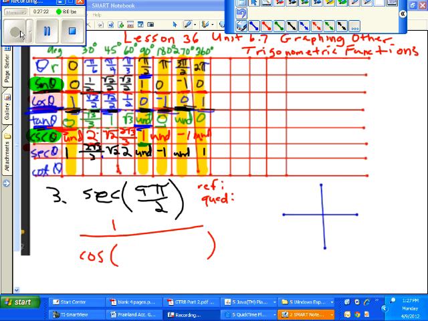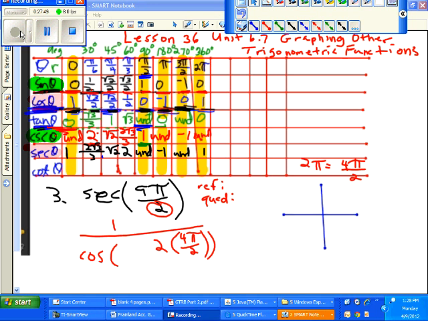So, pi over 2's. How many pi over 2's makes an all the way around? 2 pi is equal to 4 pi over 2. How many sets of 4 pi over 2 are there in 9 pi over 2? We have 2 sets of 4 pi over 2. That would be 8 pi over 2, which would be 2 all the way arounds.